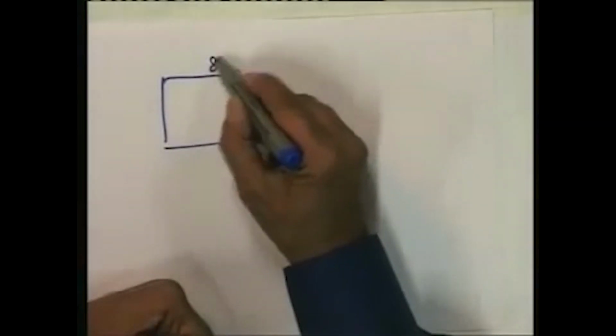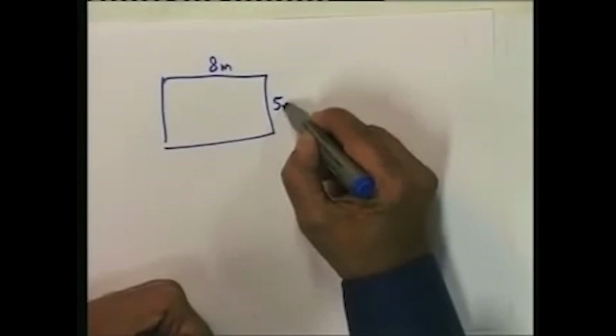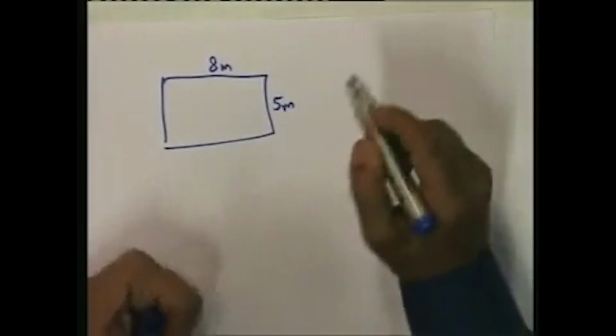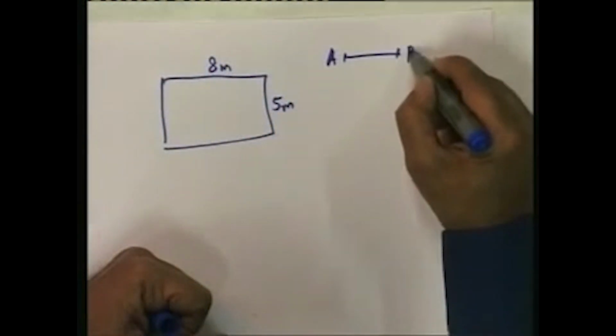If we were to plot this, then this area would be 8 meters by 5 meters. The depth scale for the influence coefficient chart is known, a length AB.